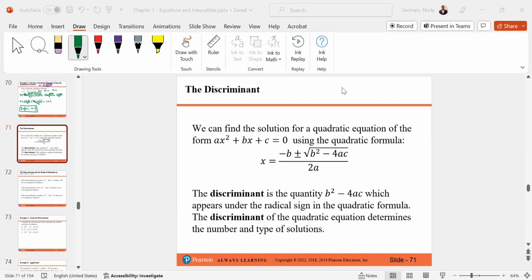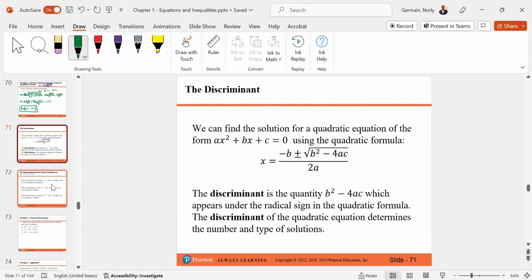Once we do that, the discriminant is the quantity b squared minus 4ac, which appears under the radical sign in the quadratic formula. So the discriminant of the quadratic equation determines the number of solutions and the type of solutions you have. Let's see it.